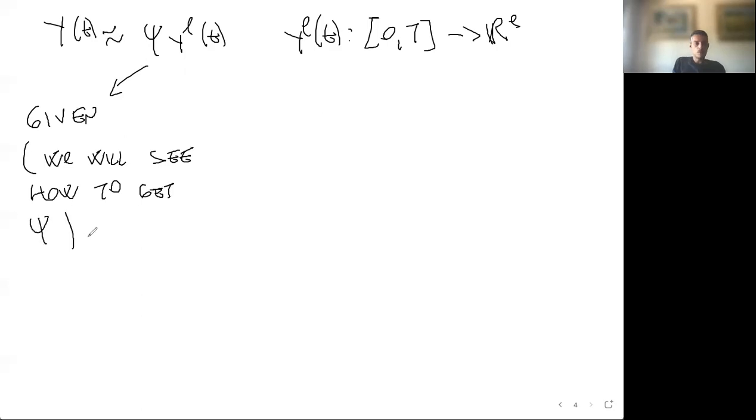At the moment, we suppose that this is given, and y_L is unknown. That's something that we want to compute.